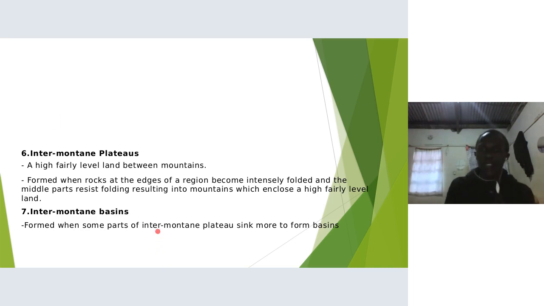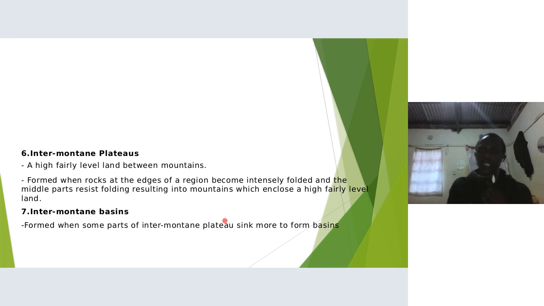It's a high, fairly level land between mountains, which is formed when rocks at the edges of a region become intensely folded and the middle part resists folding, resulting in mountains which enclose a high, fairly level land.